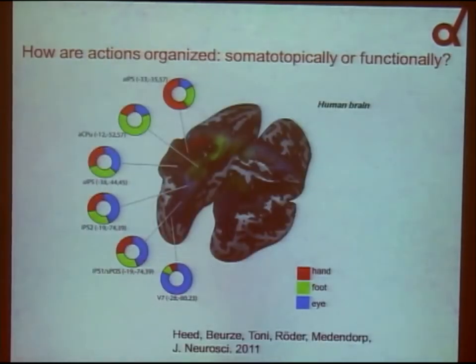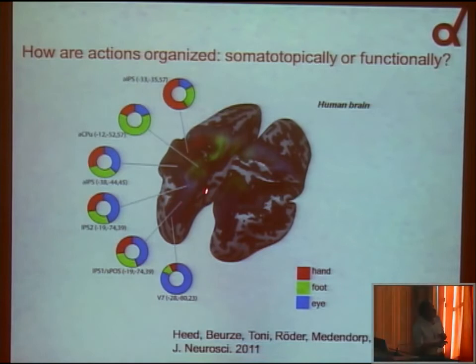So if you map out the representations for hand, foot, and eye, red, green, and blue, this is the cortical surface, so this is posterior parietal cortex. In the back, it's mostly bluish color, kind of eye dominance. And if you go more anteriorly, as you would expect based on textbooks, the foot more medially and the hand more laterally.